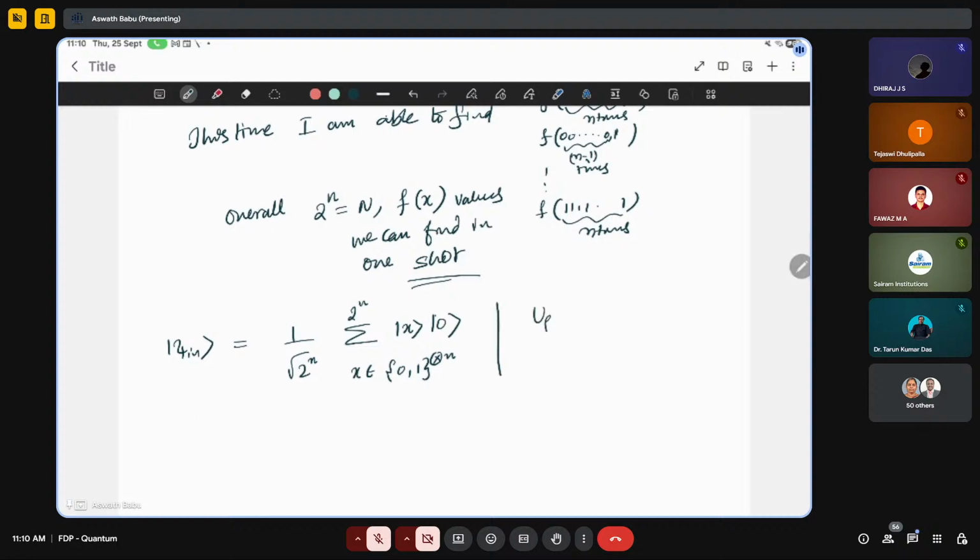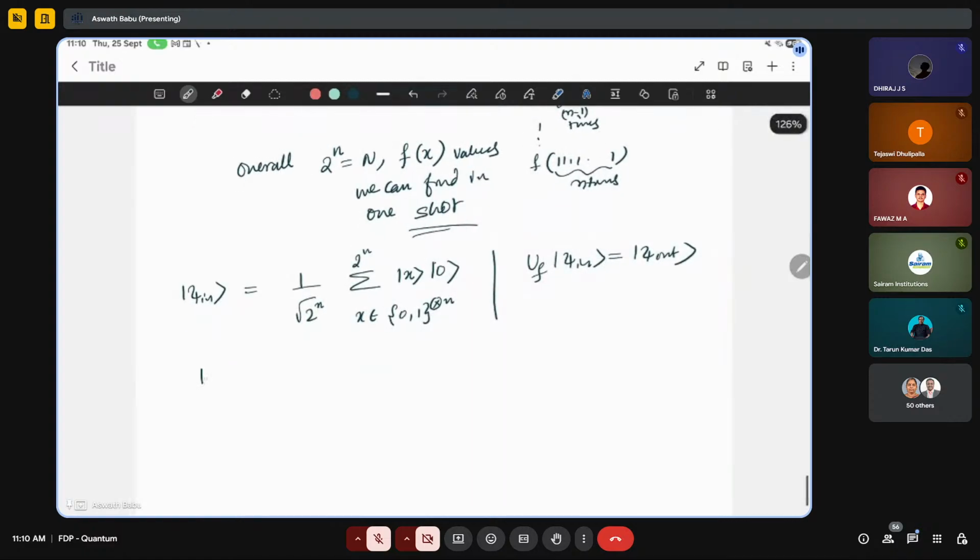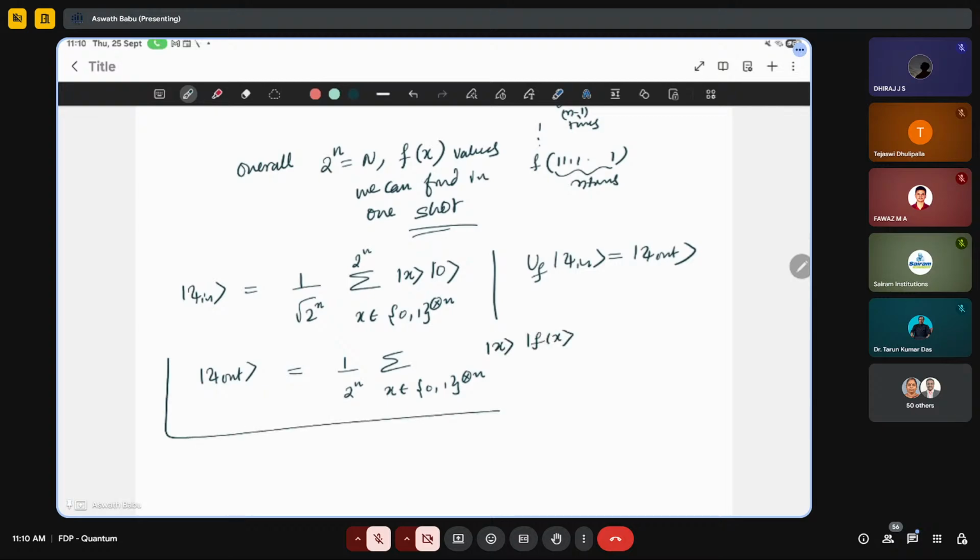Now, the unitary acting on psi in gives you psi out. If you want to write down what psi out would look like, it is going to be 1 over square root of 2 to the power of n, summation over x belonging to {0,1} to the power of n, of |x>|f(x)>.